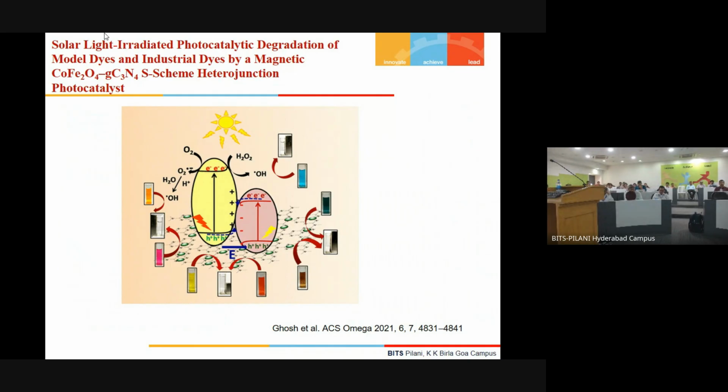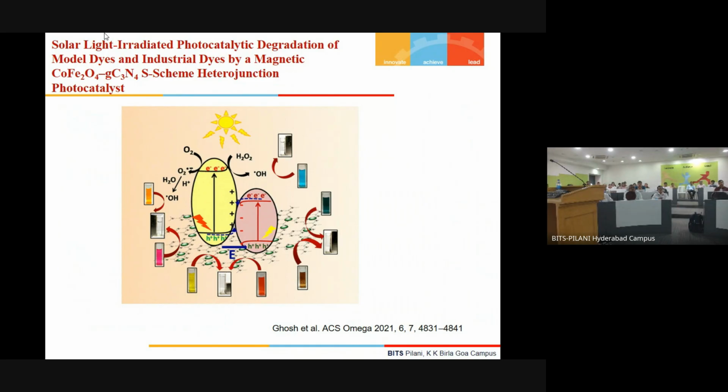To understand its photocatalytic activity, initially we evaluated it with some model dyes like methyl orange, methylene blue, and rhodamine B, and then we collected some real dyes used in the textile industry, made the solution, and saw what kind of photocatalytic activity we can see.